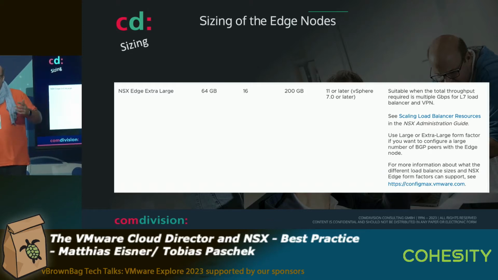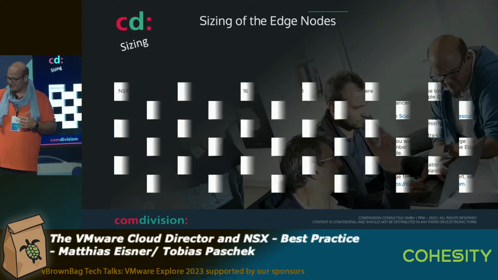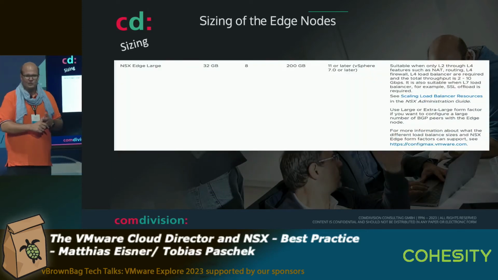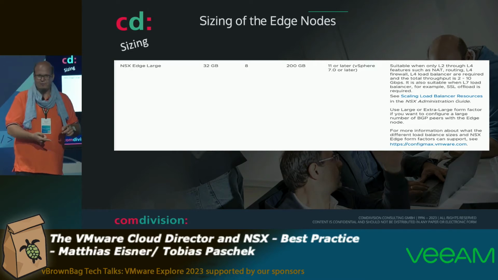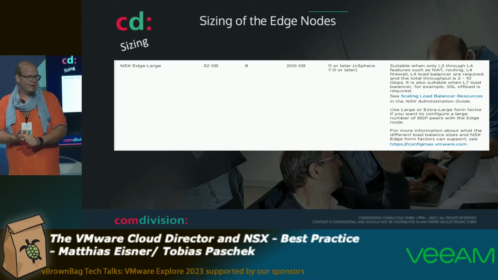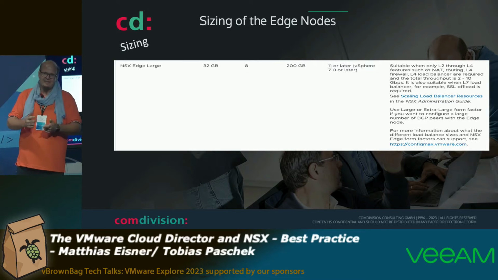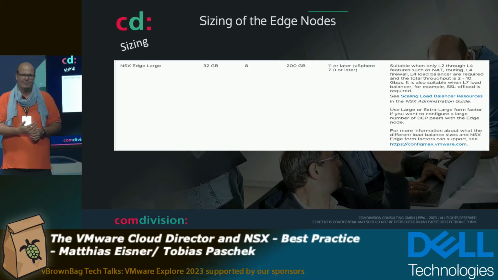So also here, it doesn't always make big sense to go with the large or the extra large edge node, because you will lose a huge amount of memory and a huge amount of CPU. And please always have in mind, ECMP in NSX is still capable of having 8 edge nodes in parallel.